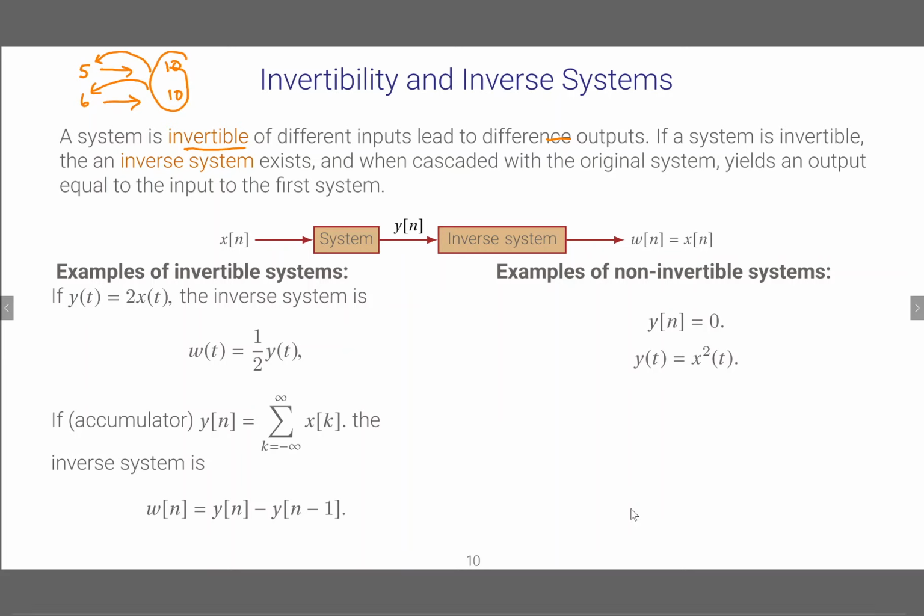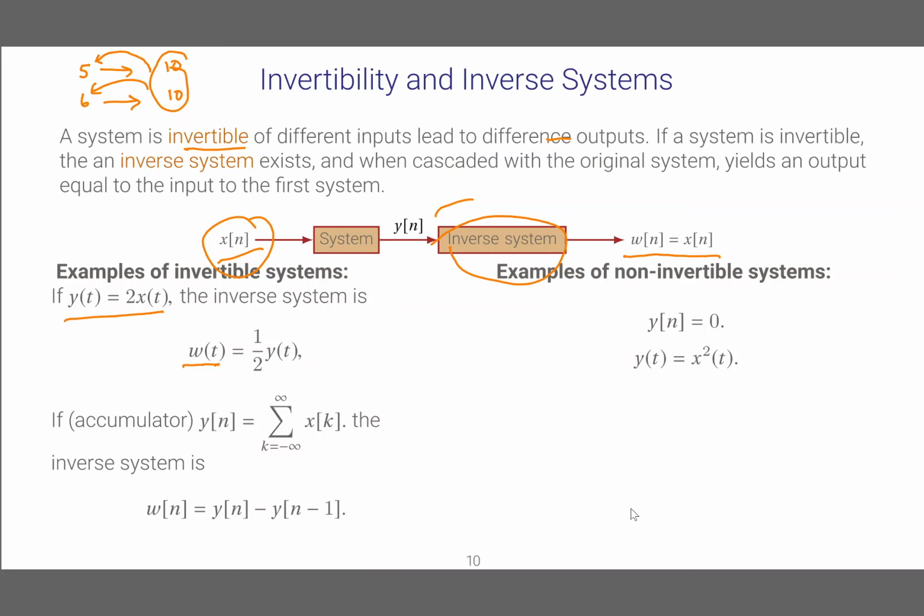Now let's see, we have the inverse system. If you give x[n] as the input and the system produces y[n], if you connect the inverse system, it must produce w[n], which is equal to x[n], the same input. So examples of invertible systems: y(t) equals 2x(t). So therefore w(t) is half y(t), so that is equal to x(t).